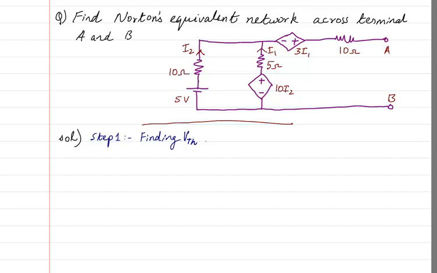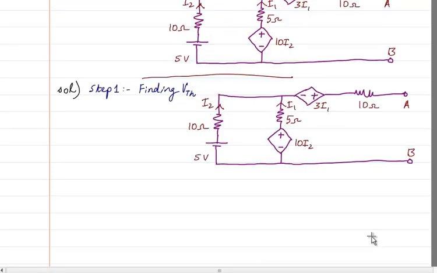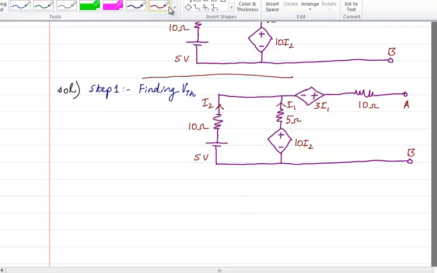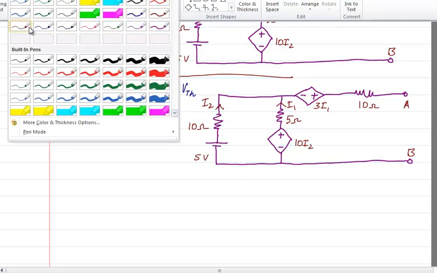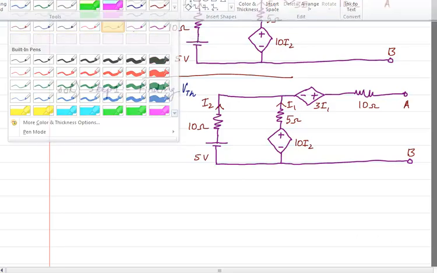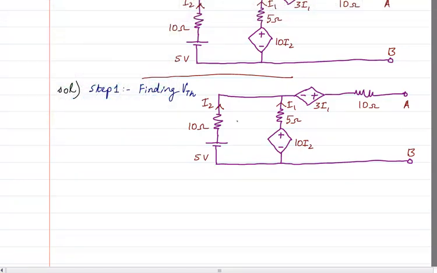We know that for finding the VTH, we can redraw the circuit, and then we mark the mesh currents. So let me now use a different color. So let this current be IX, and here there is no current, so it is going to be 0, so I'm not going to draw that. And here I am interested in finding out what is VTH. So this is the VTH I want to find out.